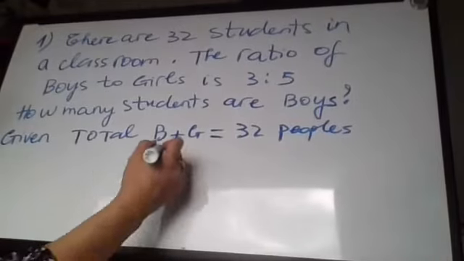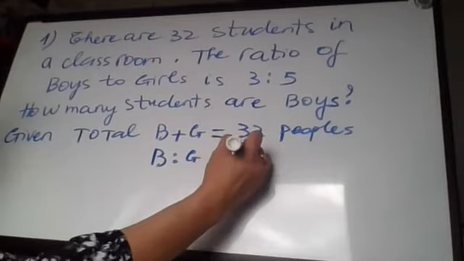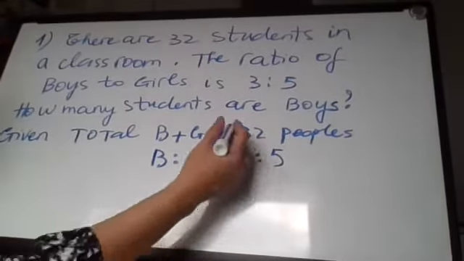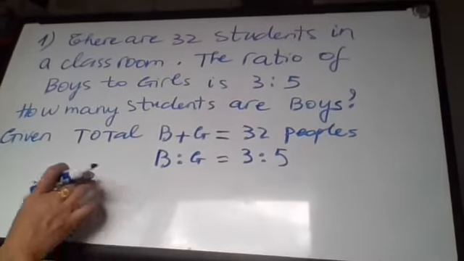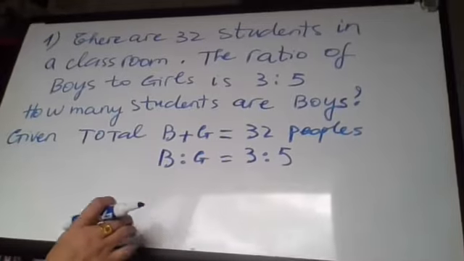And the ratio of boy to girl is 3 to 5. So we know this information. Now we have to set up the fraction.